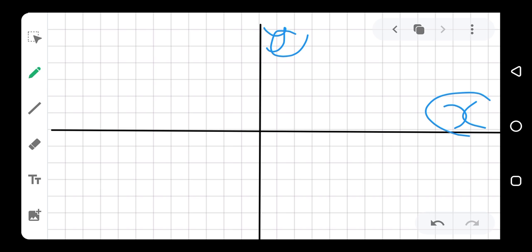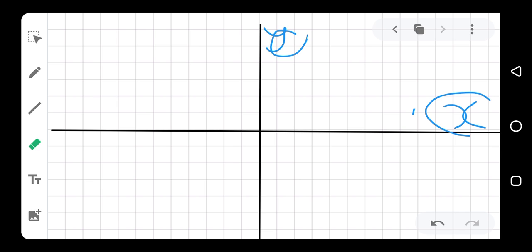This one will be centigrade and this one will be meters. But if you don't know the unit of what you are plotting, you can label it x and y. If you know the unit, you must put the units for it. But this one is just the general name for the two axes.